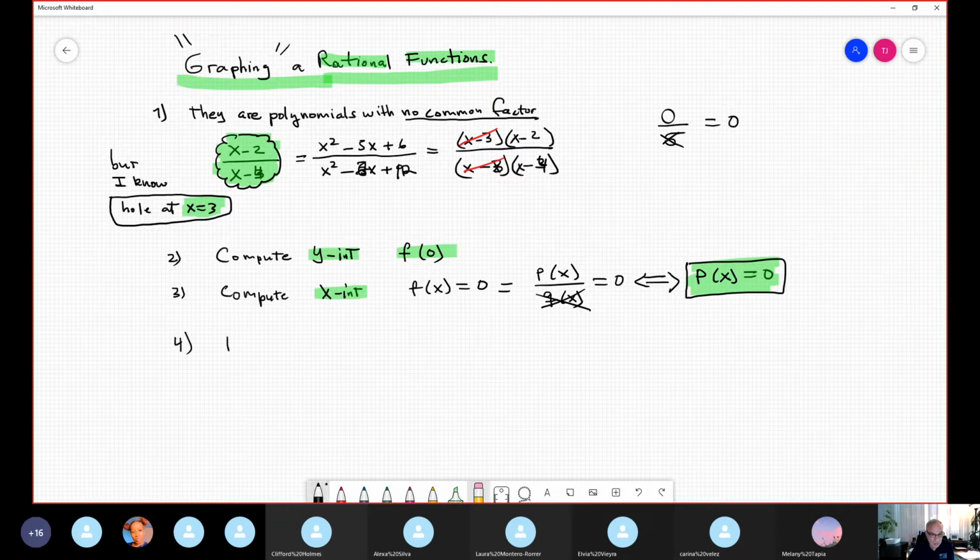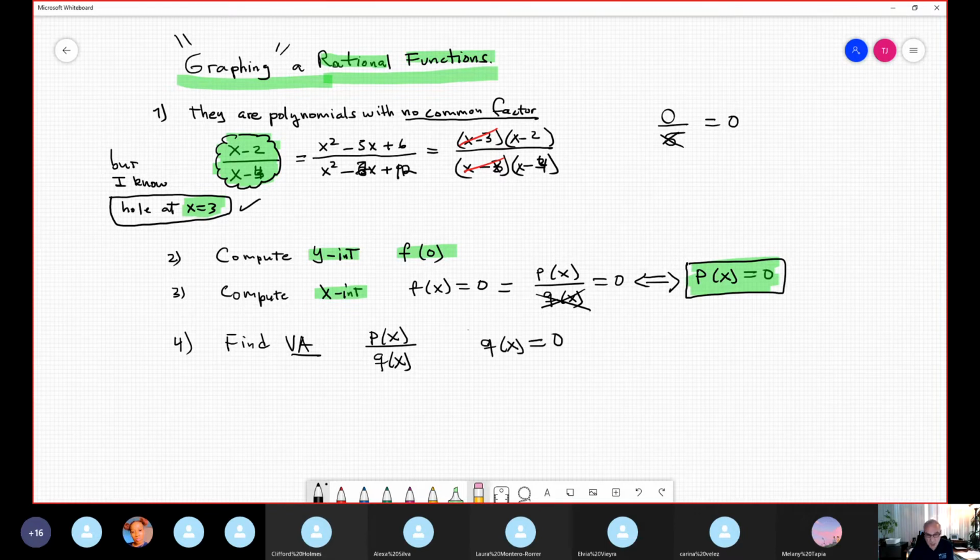Number 4 is important. Find the vertical asymptote. So what is the formula for the vertical asymptote? Remember, our function is P of X over Q of X. And this is undefined in 2 possibilities: a hole or a vertical asymptote. In both cases, undefined. So you take the denominator Q, equal to 0.